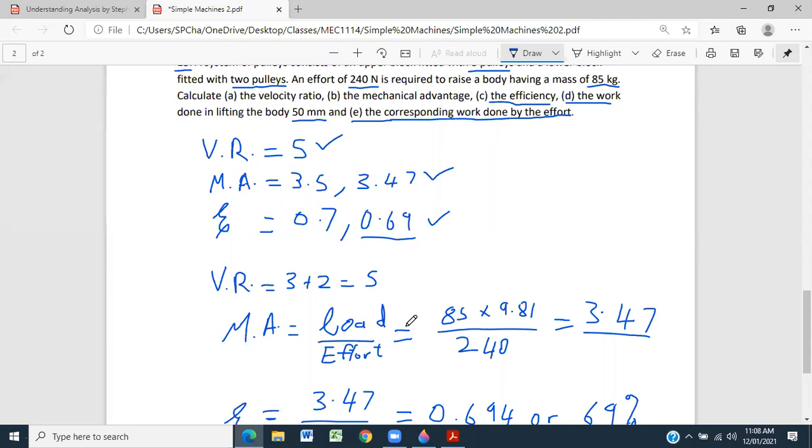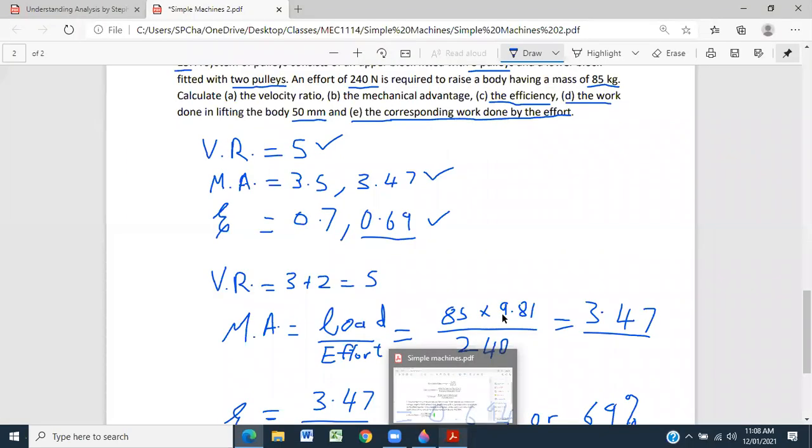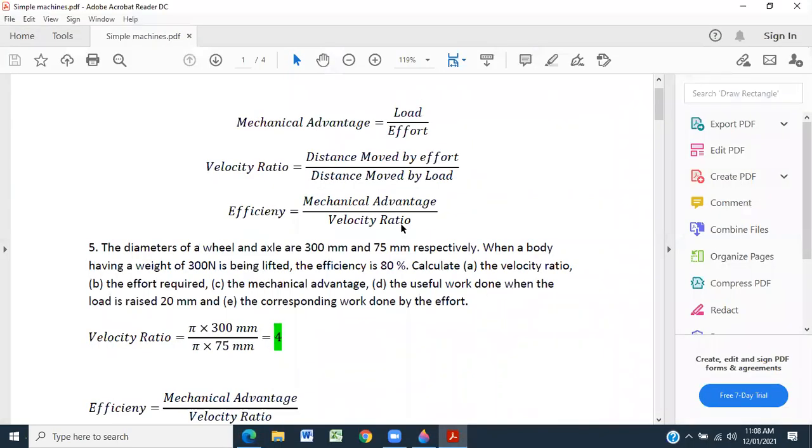We could use that same formula to find the distance moved by effort. Yeah, try and you tell me. It should work out. Take a few seconds, do it. Or you want me to do it for you? No, I'll work it out.